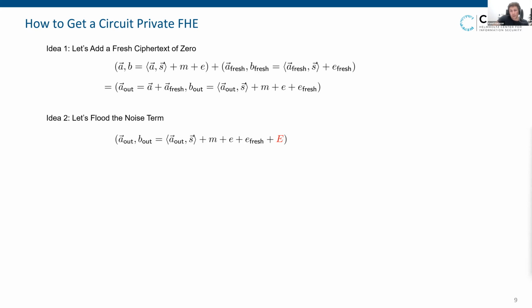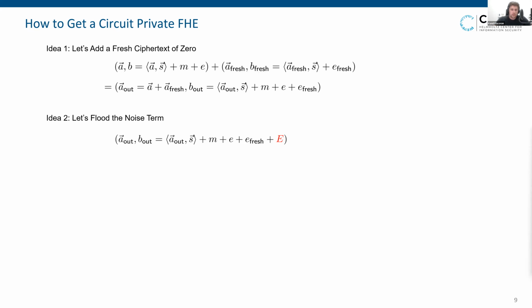The problem with that is that the size of the flooding error must be exponential in the security parameter to sanitize the ciphertext noise. So in practice, this means that we need to increase the ciphertext modulus by over 80 bits, and consequently, we lose security. And to compensate, we need larger dimensions for our LWE or RLWE instances.